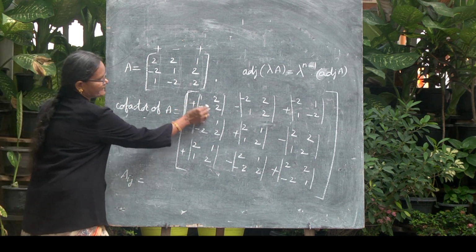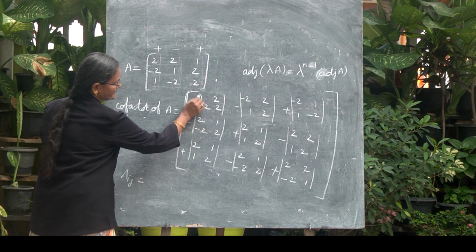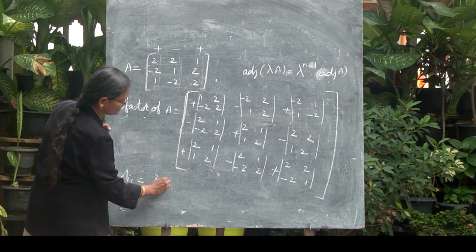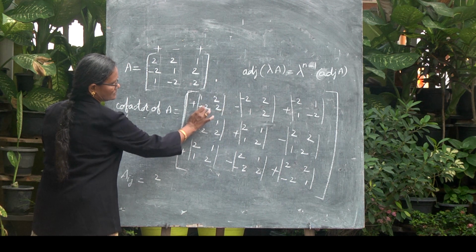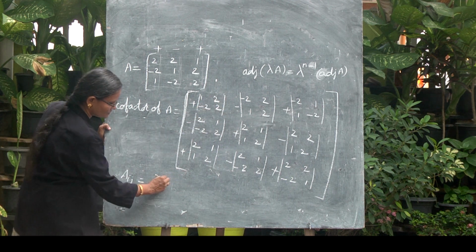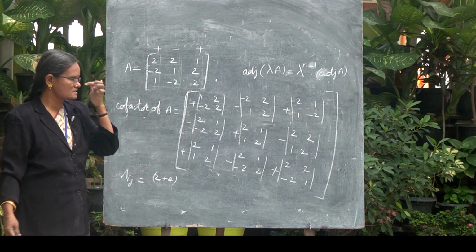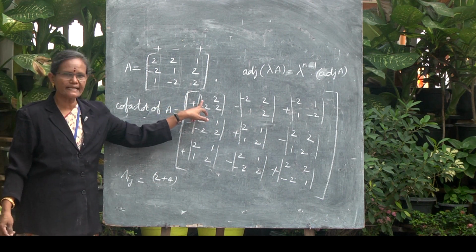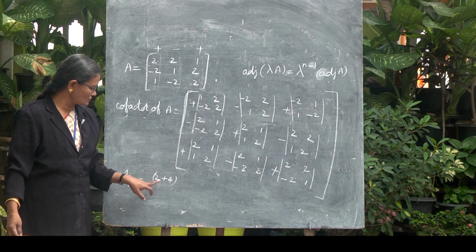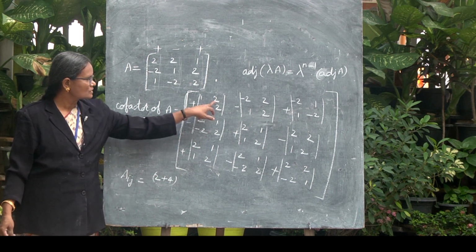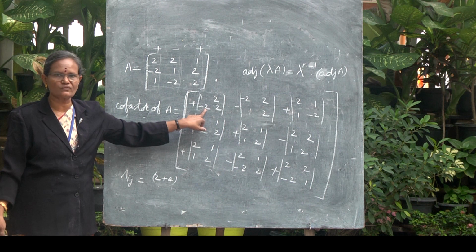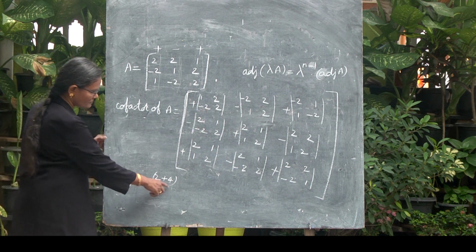Product of the leading diagonal element, that is 2 into 1, 2, then minus of minus 2 into 2, that is plus 4. The value of the first determinant is product of the leading diagonal element, 1 into 2, 2, then minus of 2 into minus 2, that is minus 4, minus of minus 4 is plus 4.